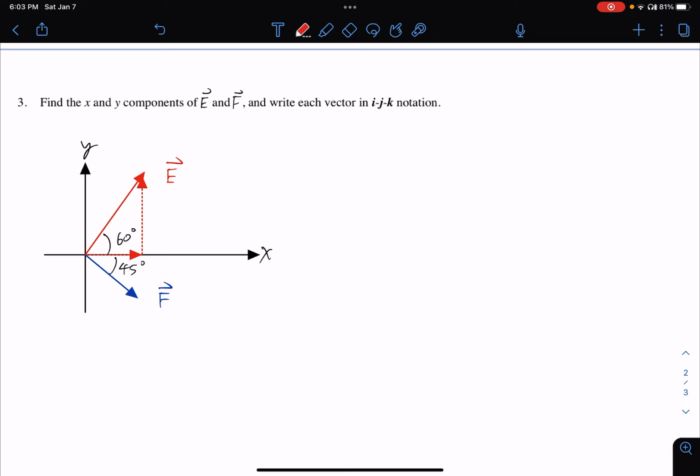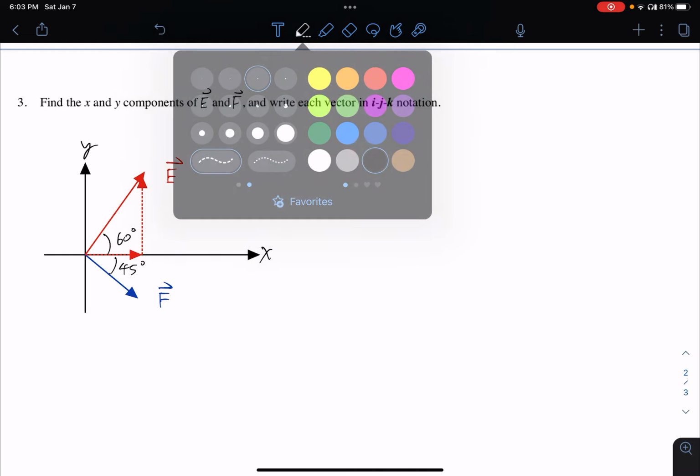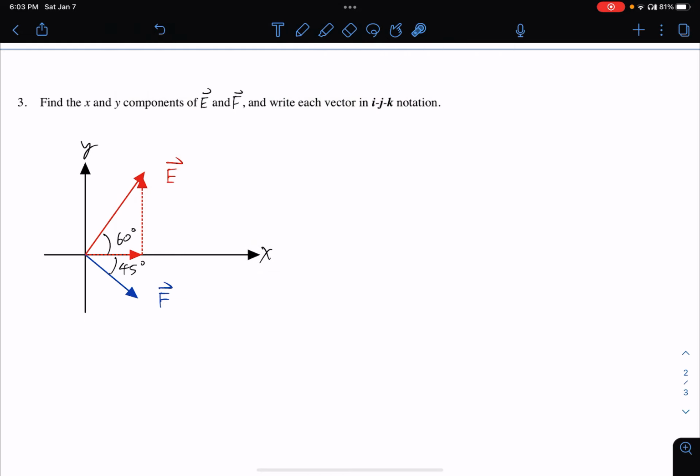So we see that there's a horizontal arrow and a vertical arrow. The horizontal one in the x direction will be the x component of E, and the one in the y direction will be the y component of E.